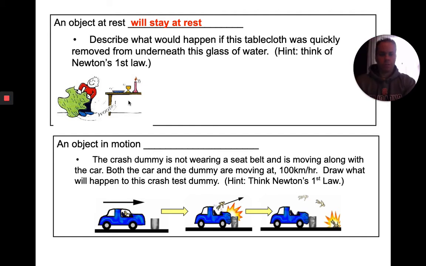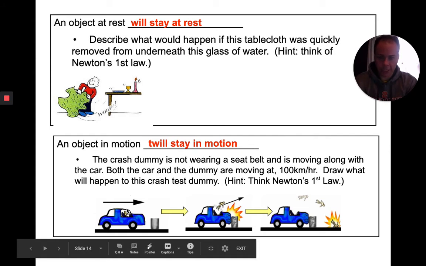Okay, an object in motion will stay in motion. So, an example here, if we have a crash test dummy inside of a car that's moving forward, if it's not wearing the seatbelt, and then the car suddenly stops by having this collision, so the car is stopped.